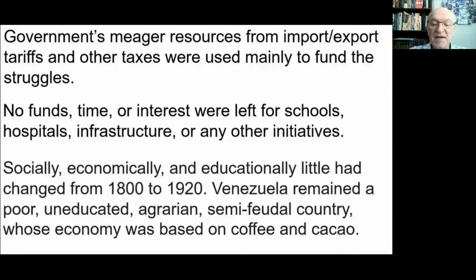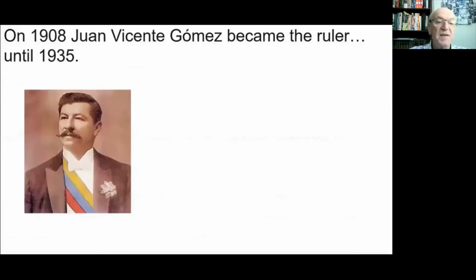So in 1908, Gomez became the ruler through a coup, until 1935, 27 years. Gomez was born into a prominent family of Andean landowners, but he himself remained essentially illiterate. He barely could read.